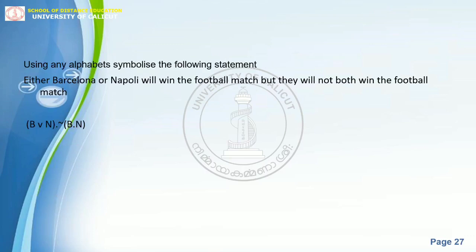Now, how to symbolize? I am given here a statement: either Barcelona or Napoli will win the football match, but they will not both win the football match. How can it be symbolized? First of all, we have to have in mind the abbreviation we are going to use.